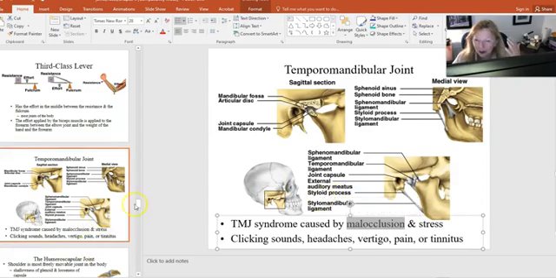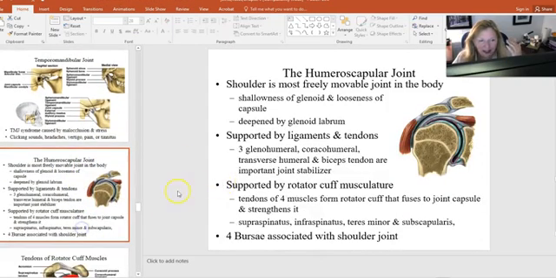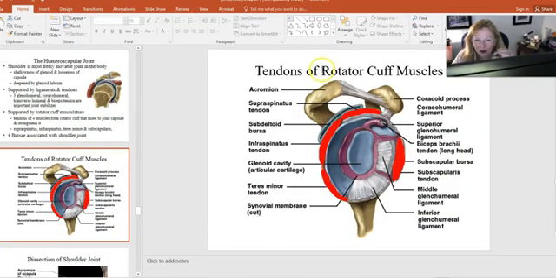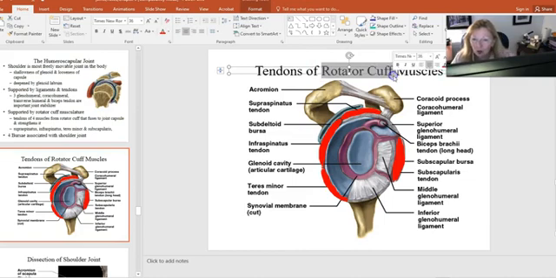So TMJ syndrome I wanted to tell you about. As far as the shoulder joint goes, the only thing I really wanted you to know is that when someone says they have a rotator cuff injury, they're referring to their shoulder. Again, this is a ball and socket joint, so there's a lot of movement, which means there's a lot of potential for injury here.